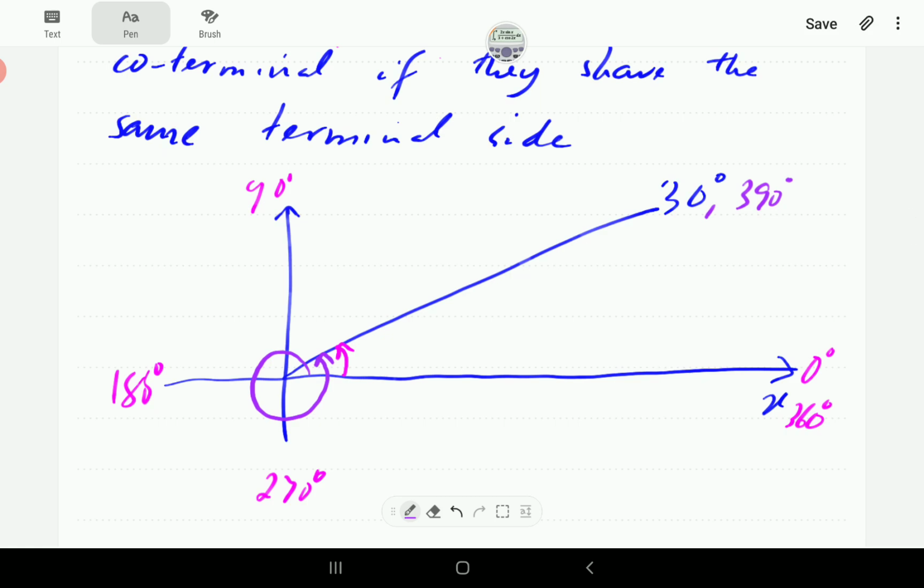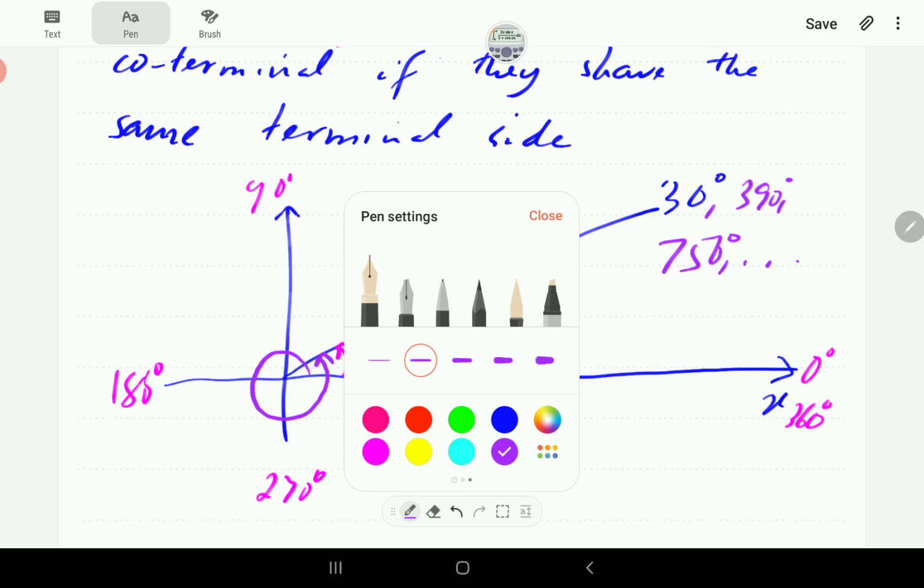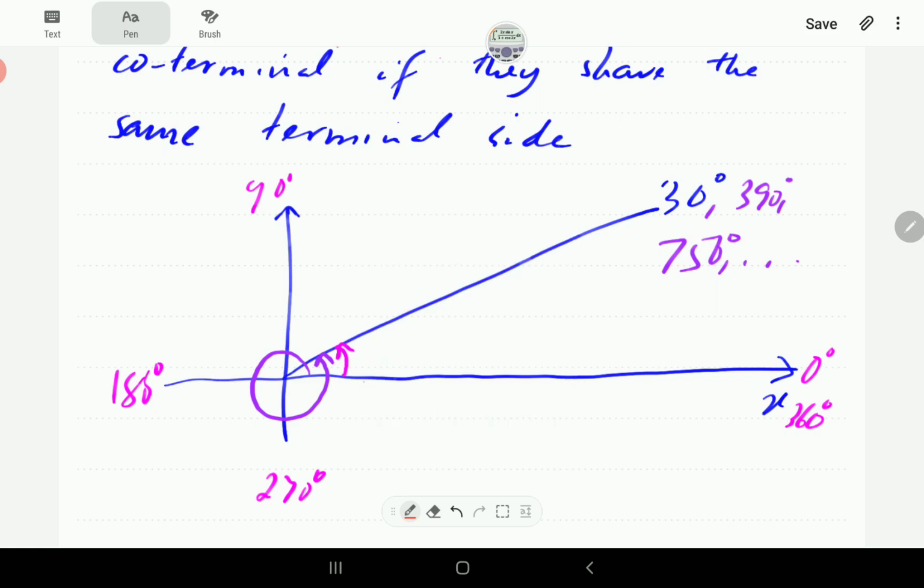If we have even more energy, we could rotate twice before we stop, in which case it's going to be 720 plus 30, so it's going to be 750. Okay, we can go on and on, but alternatively we can get to this terminal side by rotating in the clockwise direction.